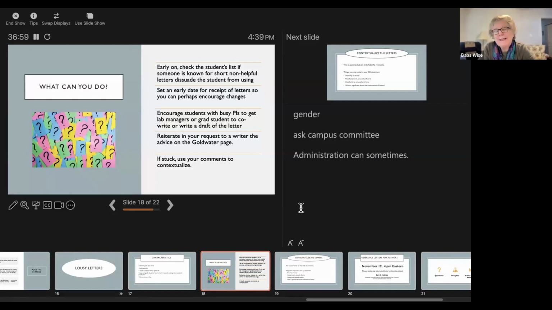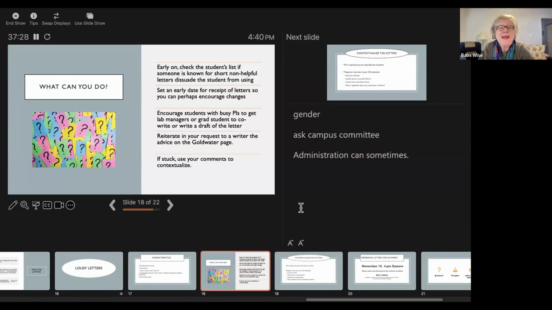And it really depends on how well you know the faculty that the letters are coming from. If you have a campus committee, it's possible that someone on that committee may know that faculty member and they can help you approach them. Sometimes I have reached out to deans to help me with that issue if it was really, really bad.